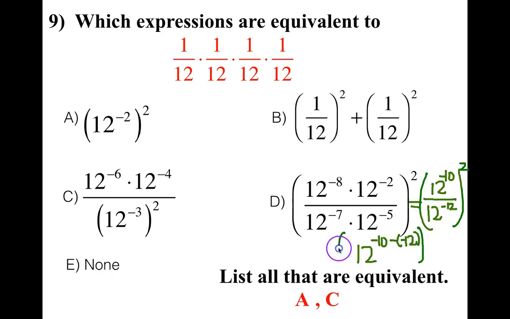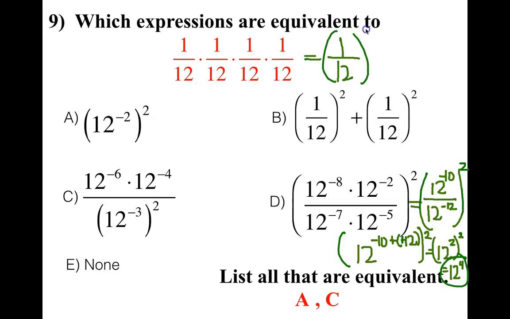This whole thing is still squared, which is going to give you, add the opposite, 12 to the second raised to the second power, which is 12 to the 4th power. So unfortunately, this is not the same as 1 over 12 raised to the 4th power. I'm going to go ahead and say that D is not equivalent. Then of course E isn't going to be an option. And my answer is just A and C.